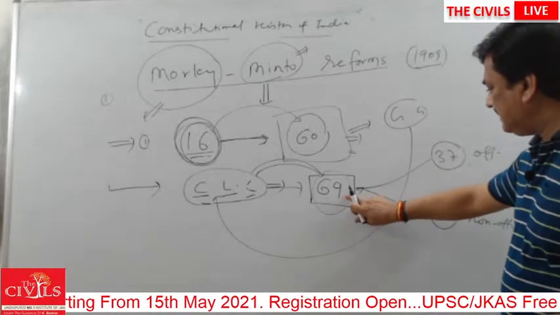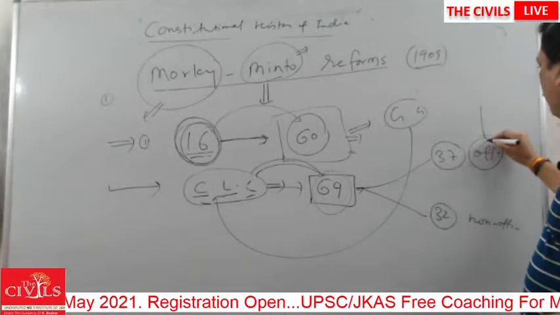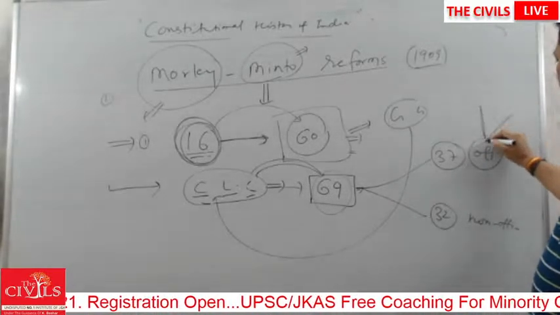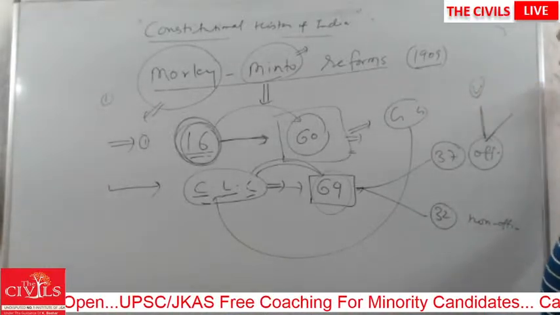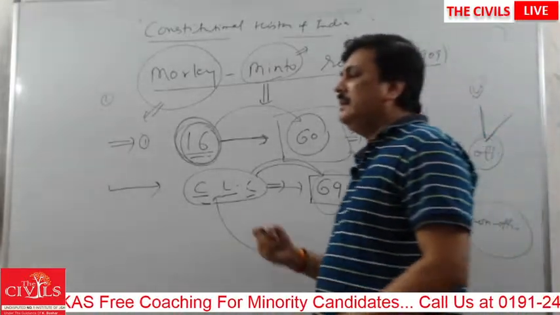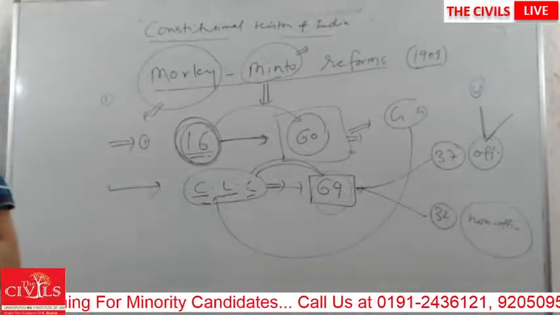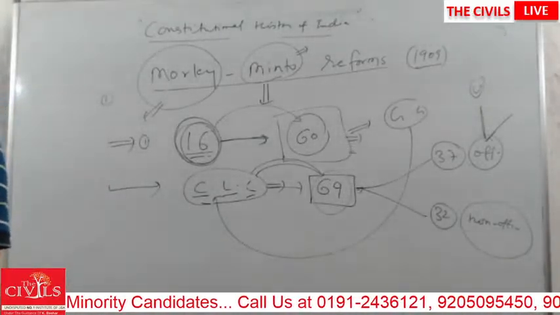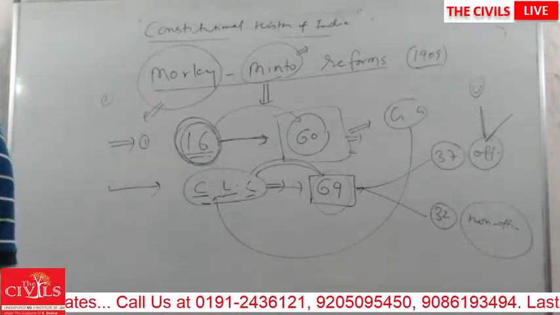Out of the 69 members, 37 were official members. Official means those who belong to civil services and military services, and 32 were non-official. Generally, some members were nominated and some members were elected.